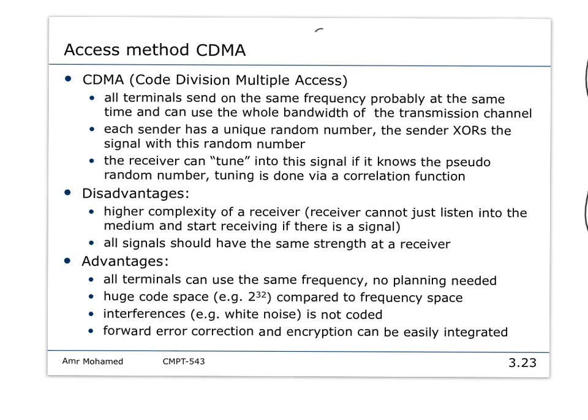The other thing is that CDMA actually turns out to facilitate security, because you can use these codes in a way as keys. In order to receive the data from one node, you need to use that particular CDMA code, so it can be perceived as a key.